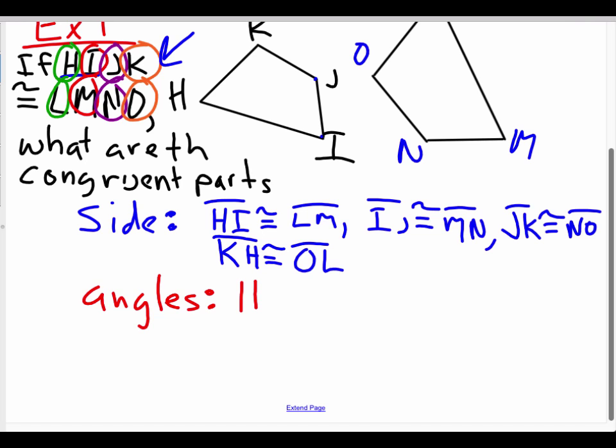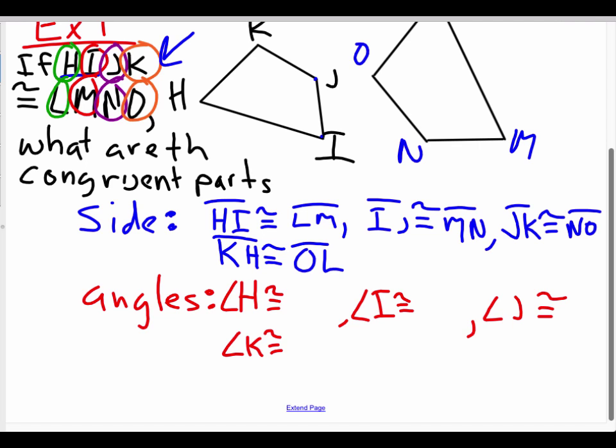So now, if I were to say let's figure out the angles. Well, I've got angle H, that's congruent to something. I've got angle I, that's congruent to something. I've got angle J, and that's congruent to something. And then I have angle K, and that's congruent to something.